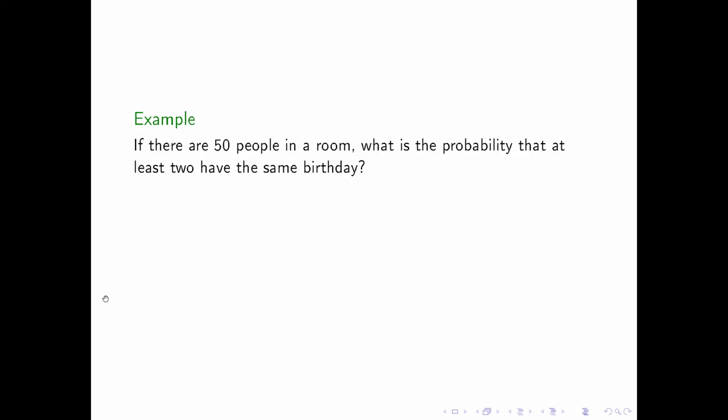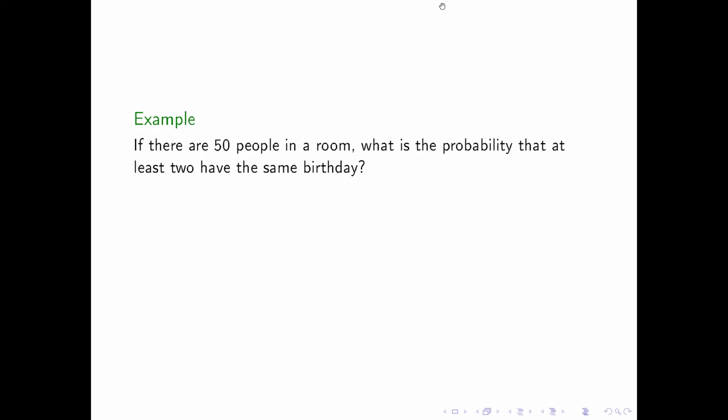Well, this all comes down to how many birthdays there are. The probability we want is that at least 2 people have the same birthday. What if 2 are the same, or 3, or 4? We have to include all those things. For at least 2, the way we usually do this is to ask what the probability is of the opposite, that no one has the same birthday as someone else.